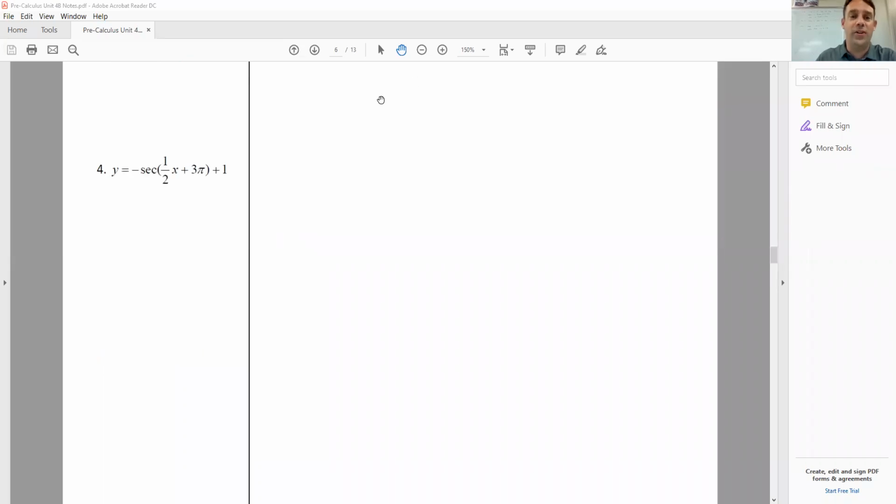All right, let's try this next one here then. Let's see how you guys did. So again, still that same thing. Now we're doing secant. So A times secant of B times x minus C, plus D. So I do need to go ahead and factor this one a little bit here.